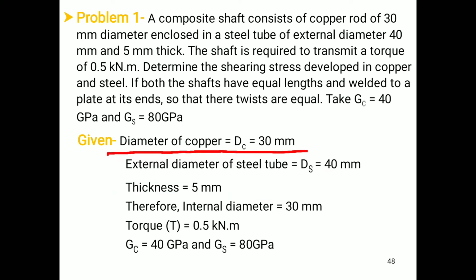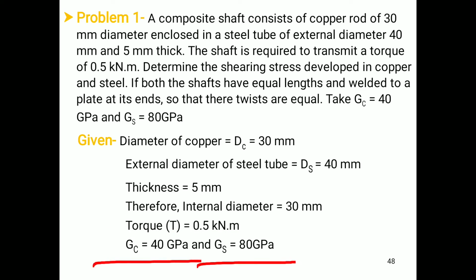The value of torque is also given, that is 0.5 kilonewton meter. Remember that this torque is the total torque, and it is shared as torque of copper plus torque of steel. We will discuss this concept in the next slide. The value of G for copper is 40 GPa and for steel it is 80 GPa.